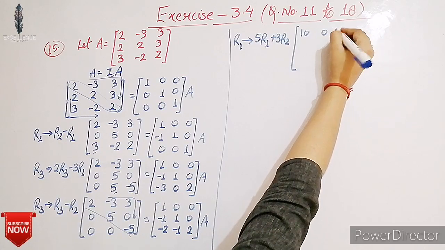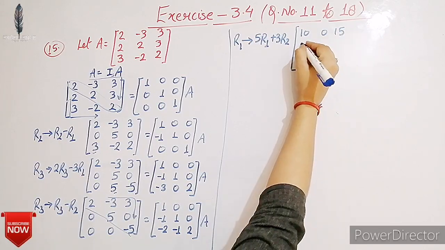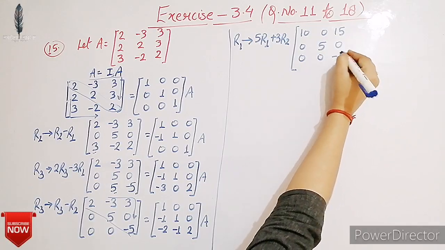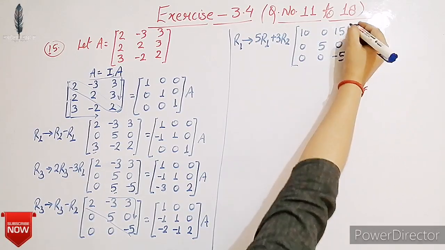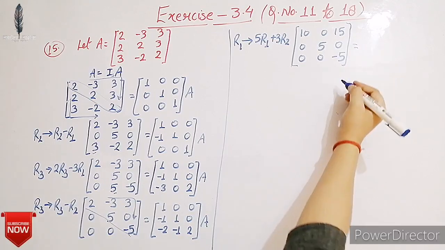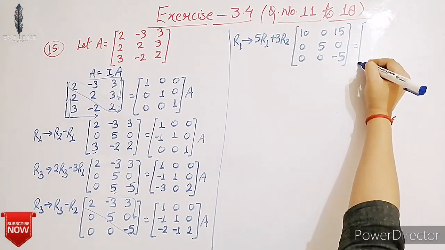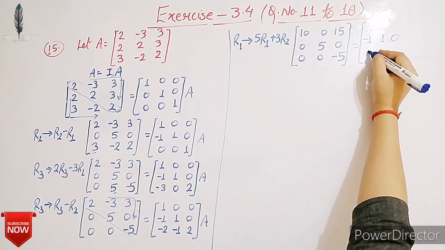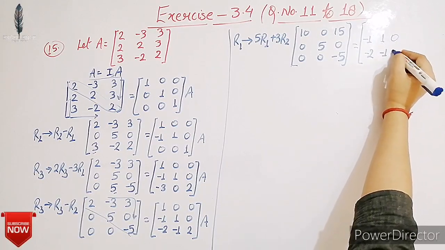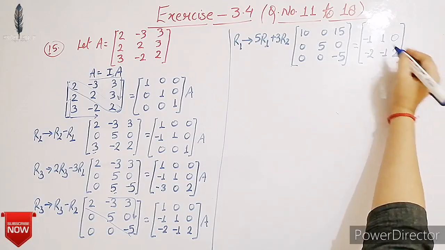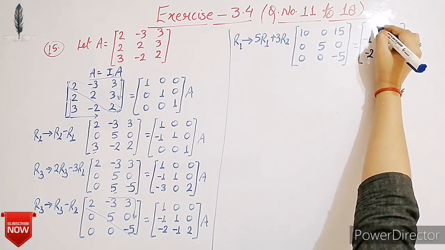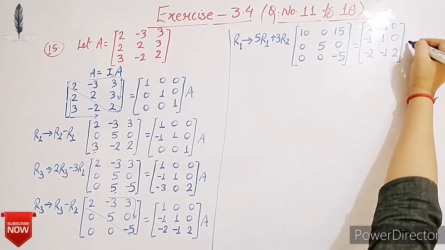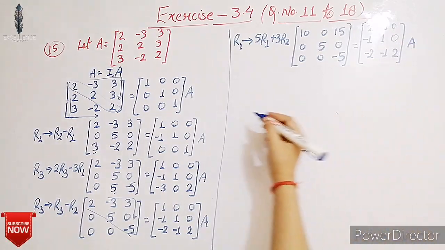Okay, then R1 becomes 10, 0, 15, and R2, R3 are same. इस ट्रिक से आप मिनिमम स्टेप्स में इनवर्स फाइंड कर सकते हैं. ओके, सी हियर R2, R3 सेम, and R1 becomes 2, here 3, and here 0, A.